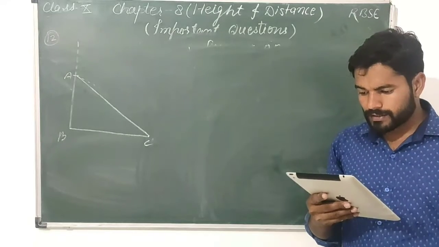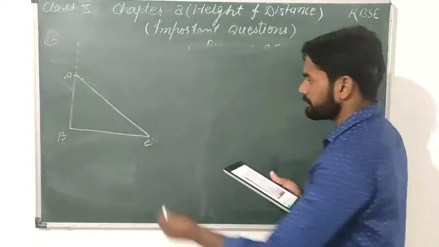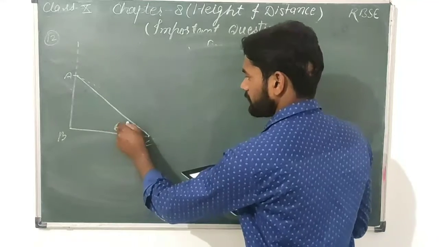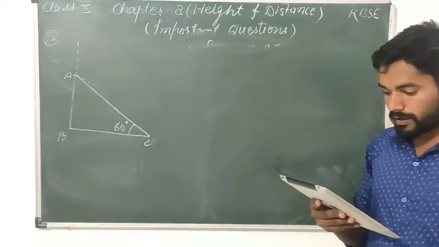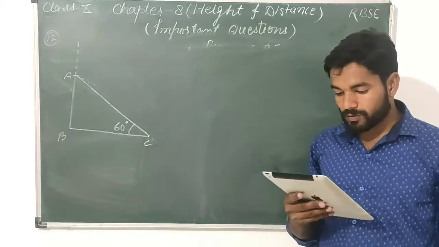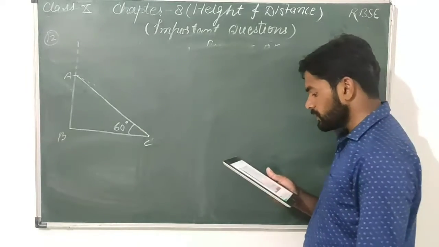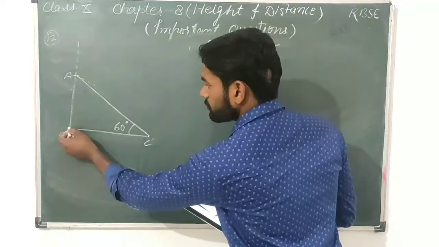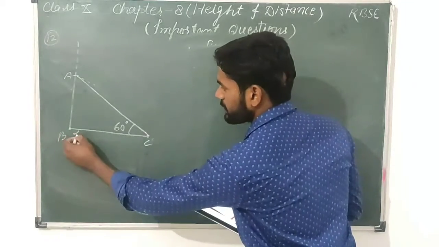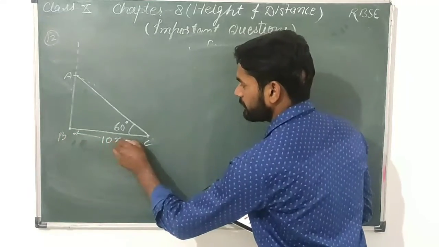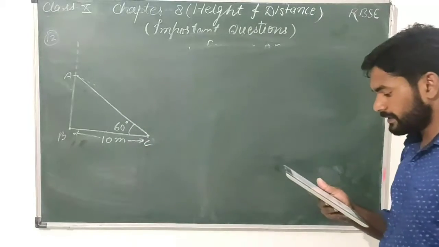And it makes an angle of 60 degree with the ground. The top of the tree meets the horizontal plane at a distance of 10 meter from the root of the tree. Means the distance of the top from the root of the tree is given as 10 meter.